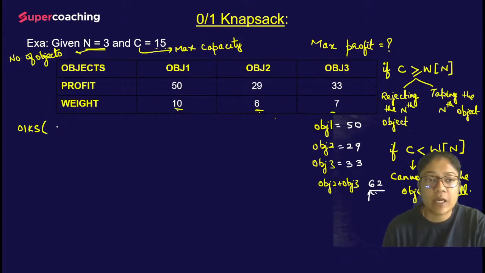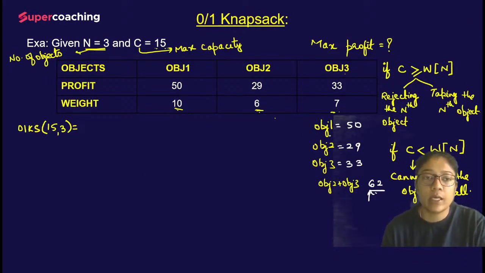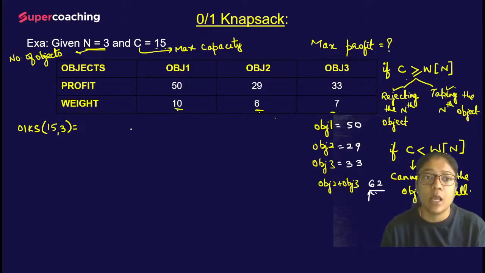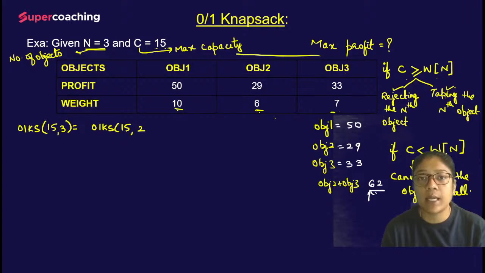Capacity is 15, and right now we are considering object number 3. The weight of object 3 is less than the maximum capacity of the knapsack, so two options arise: reject the object and take the object. If I reject the object, the capacity remains the same and we consider the next object.